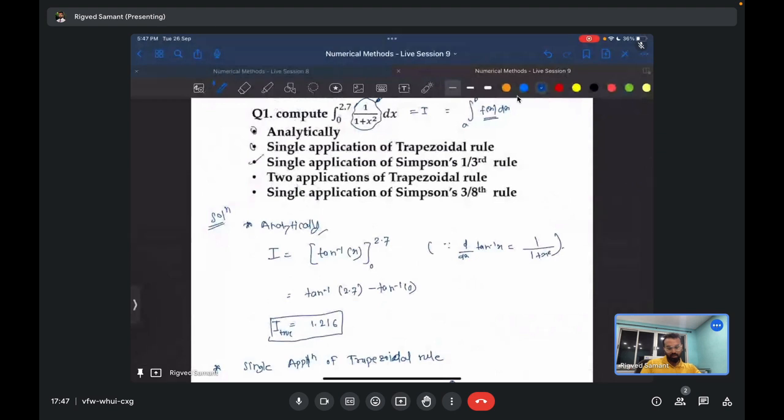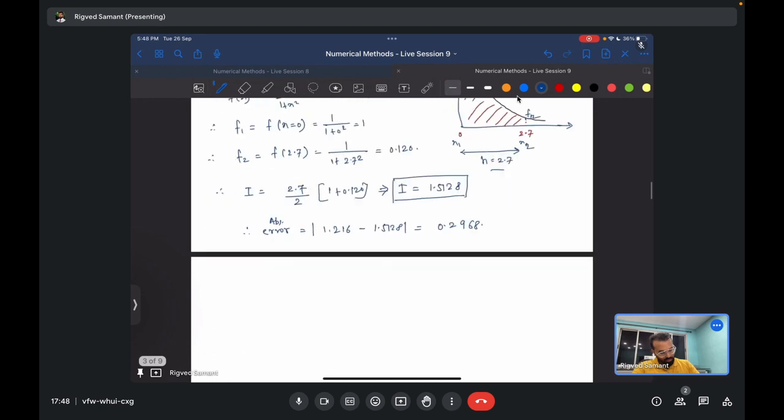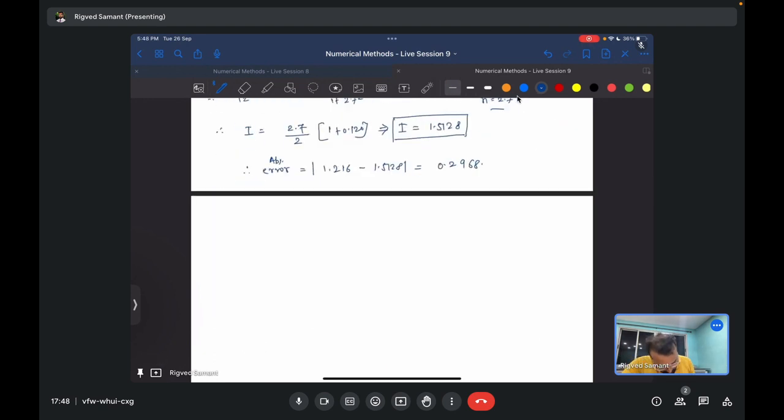Now we are at the single application of Simpson's 1/3 rule. For the trapezoidal rule, we only considered one interval. Here it is given as two intervals. So the second is Simpson's rule, single application, right?